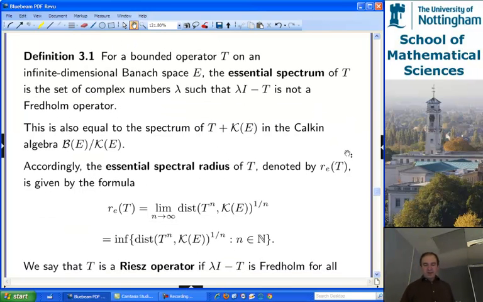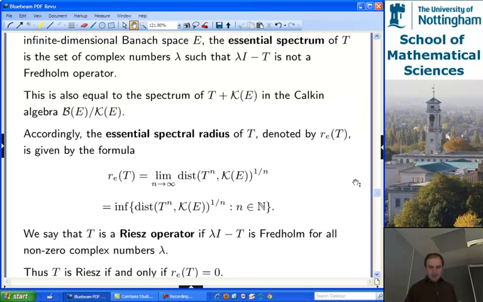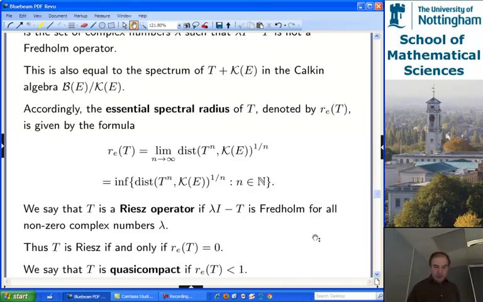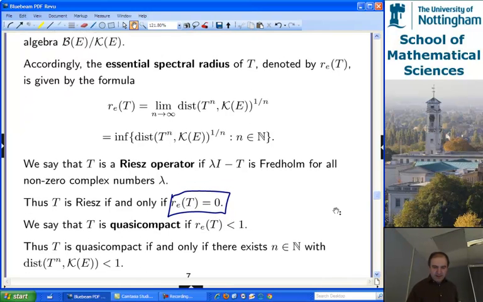So let me not take too long over this definition then. What's the essential spectral radius? You probably are familiar with the Calkin algebra, so you take the bounded operators, quotient by the compact operators, and then you can take the spectral radius in there, and you get the essential spectral radius. And Riesz operator means your essential spectral radius is 0, while quasicompact means, for us, essential spectral radius less than 1.